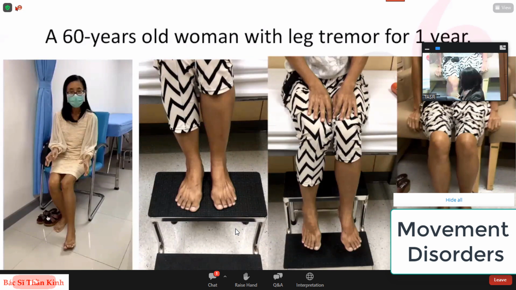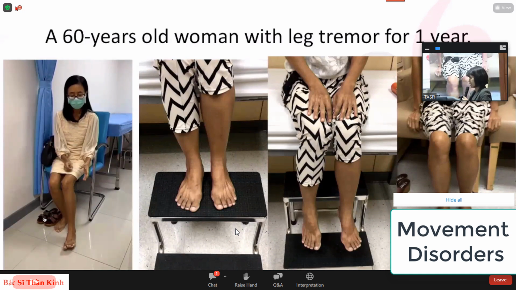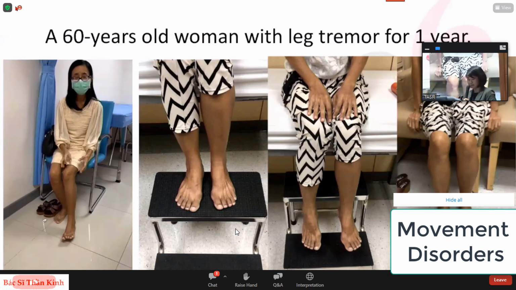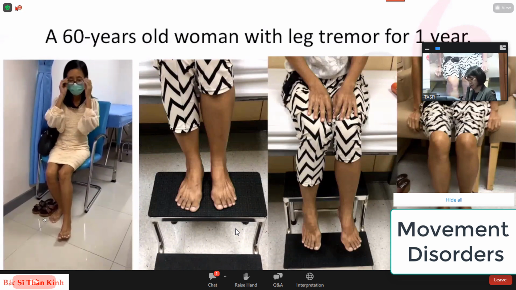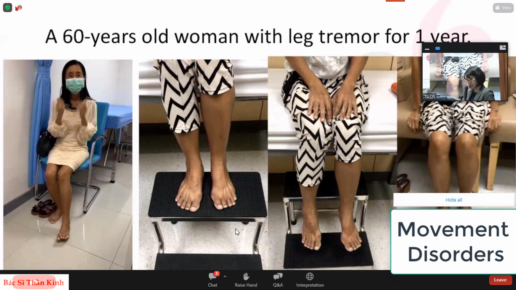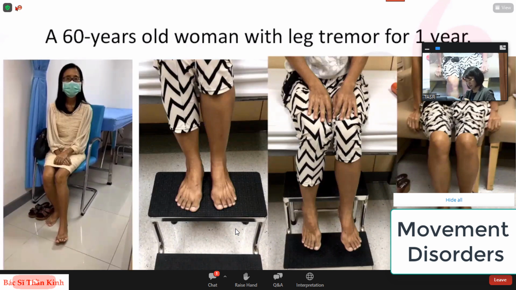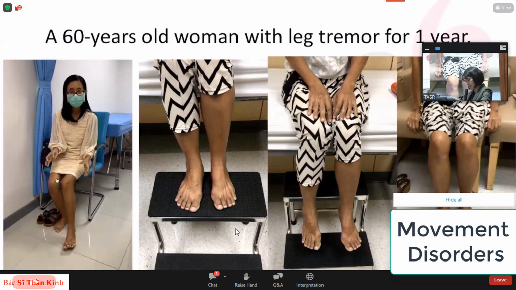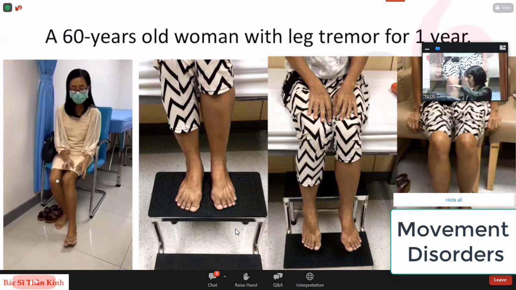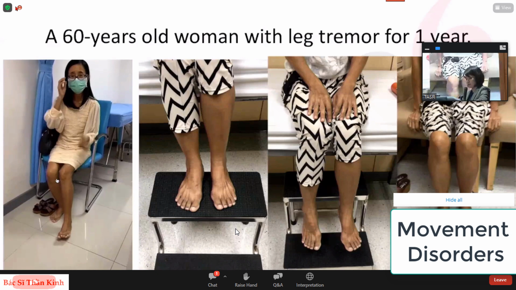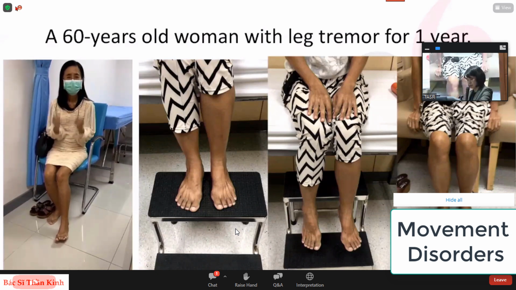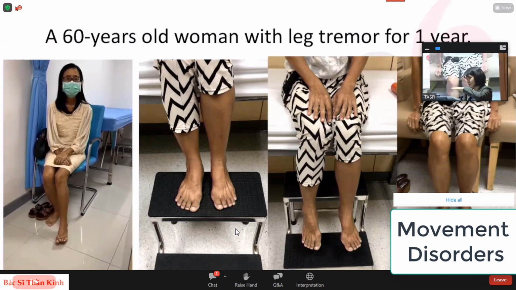So you see a 60-year-old woman. She complained of leg tremor for 1 year on her left leg like this. Actually, her whole foot didn't press to the ground, but she has the tremor.